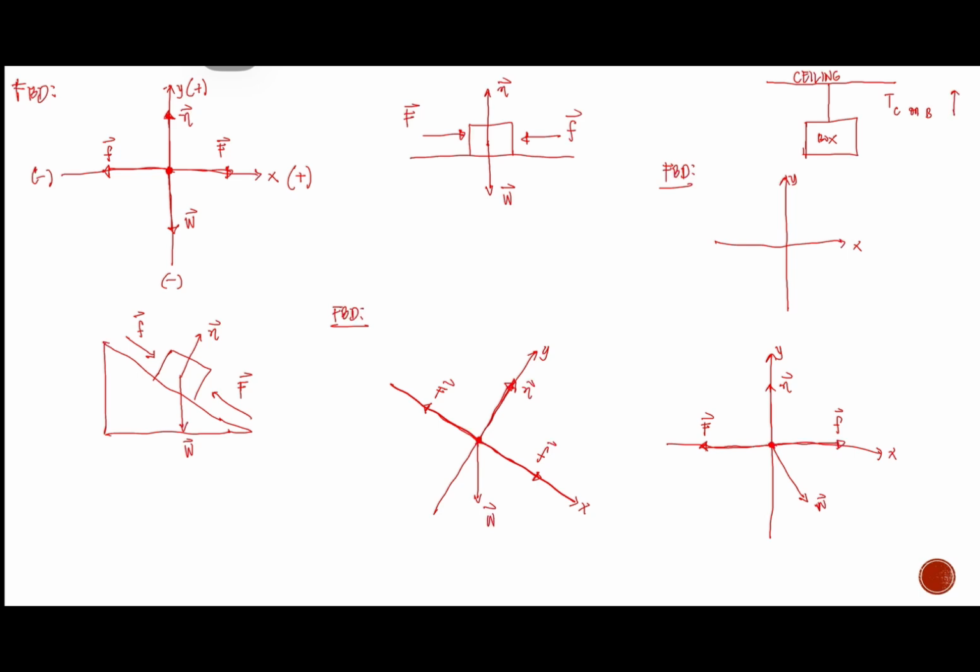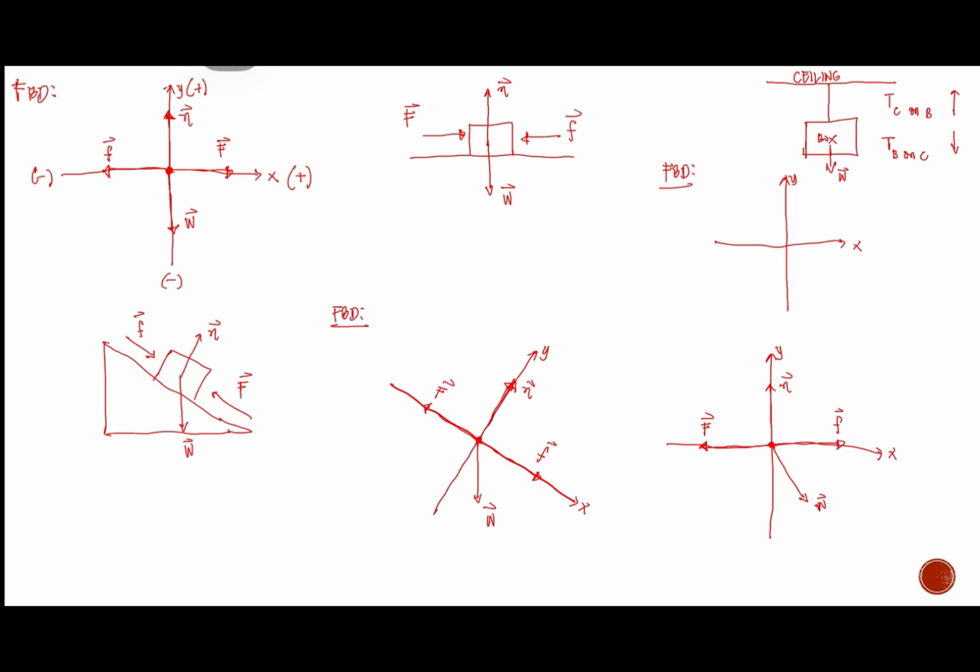Whereas the tension force that the box exerts on the ceiling is downwards. Okay, so those are the two different types of tension forces in this situation. And aside from these two tension forces, we also have the weight of the box, which is again downwards.